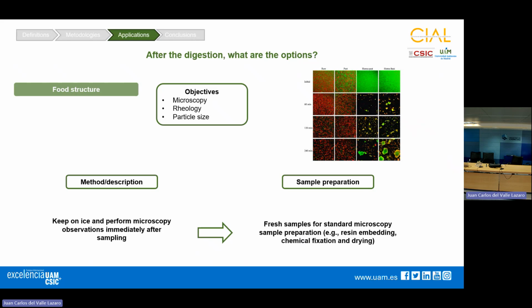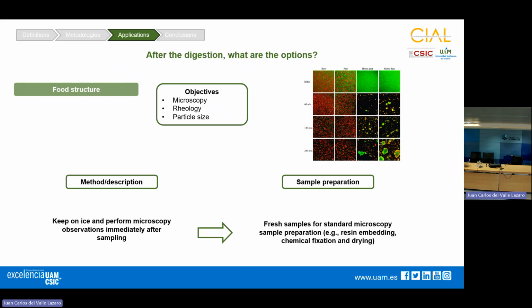Let's say we have different heat treatments in our milk, for example, and we dye the protein with green color and the lipid phase with Nile red. So during the digestion, we have the initial point, and then the digestion occurs for 60 minutes in the gastric phase, then 120 minutes and 240.